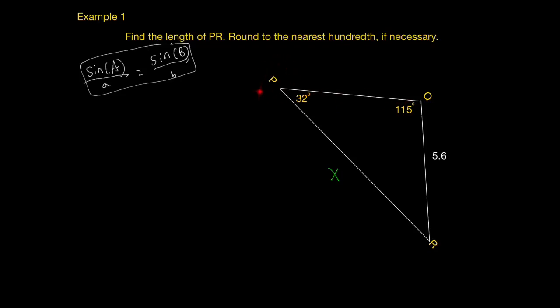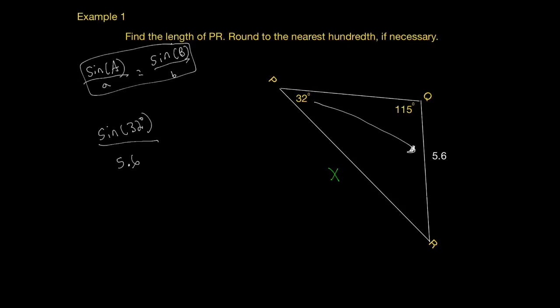Here, I'm going to get angle P, which is 32 degrees, and I'm going to divide it by the length that's across 32 degrees, which is 5.6. So here I'm mimicking sine of A over little a. So here I can say sine of 32 degrees is to 5.6. There we go.